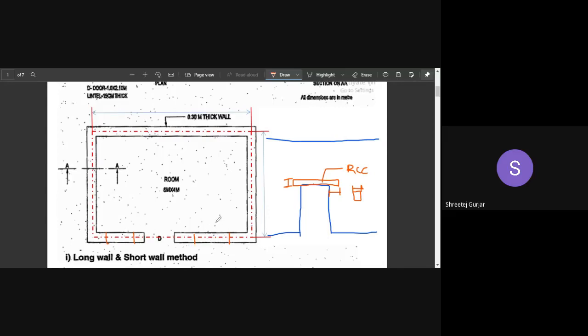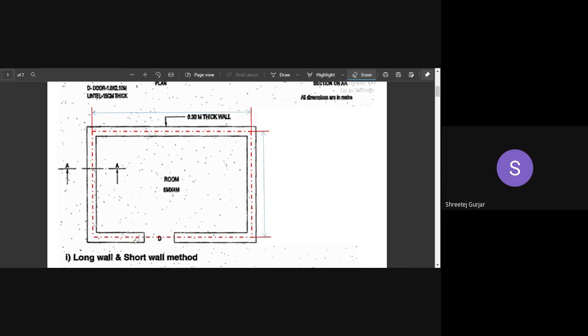Instead of providing three individual lintels, we will provide a single, continuous running lintel, a beam running over this window, over this door, and over this window also. That can be done if many openings are involved. So, have you understood what a lintel is and what a load bearing structure is? I hope you have understood.